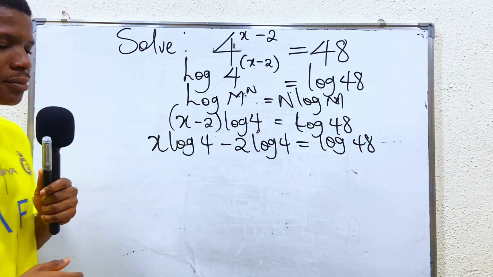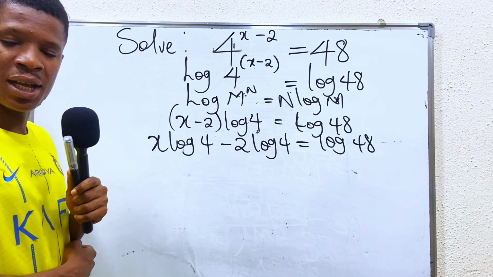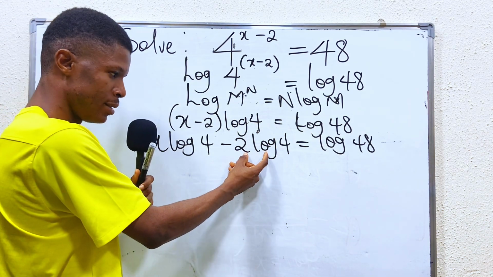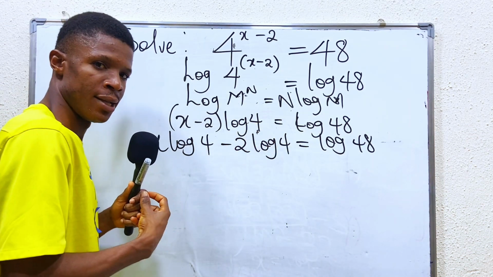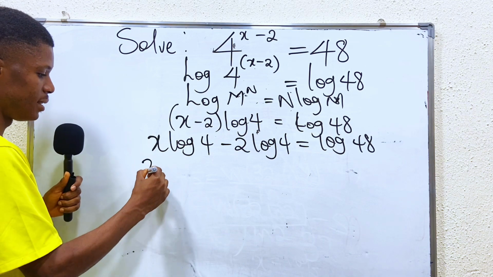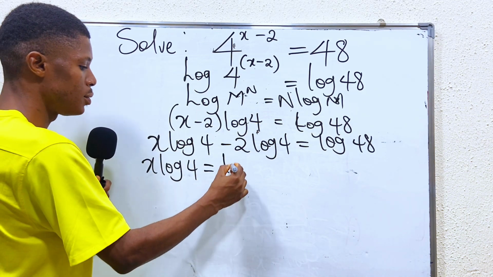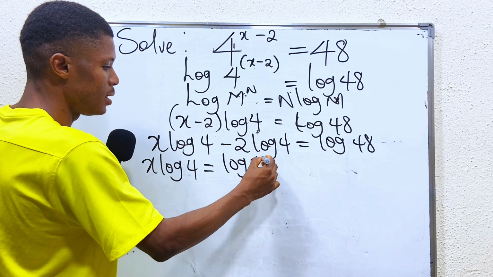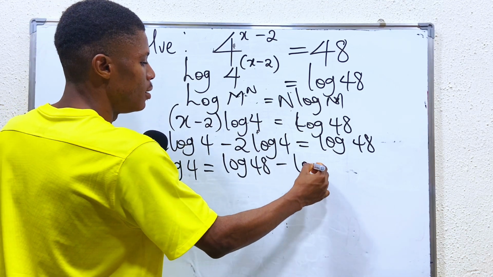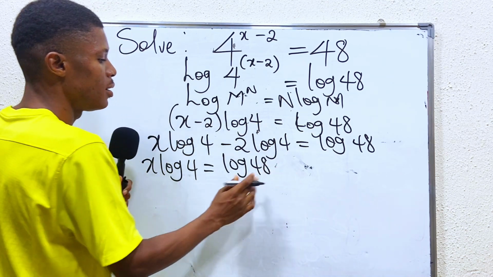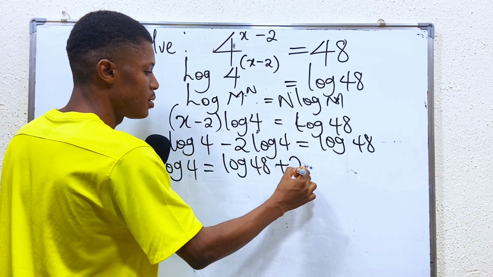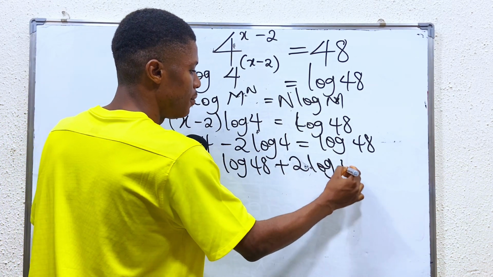Okay? So when we have this, the next thing we do is just to add 2 log 4 to both sides. We have it that x log 4 is equal to log 48 plus 2 log 4.